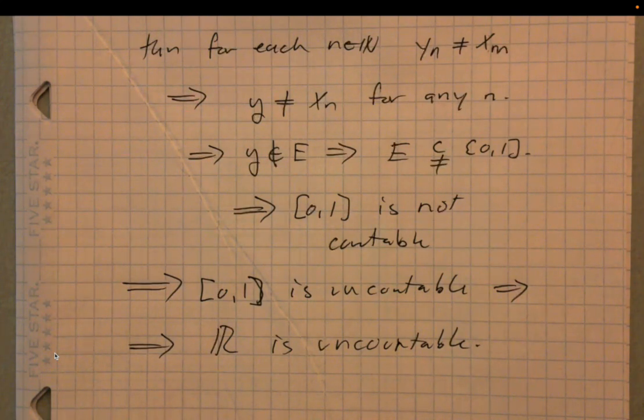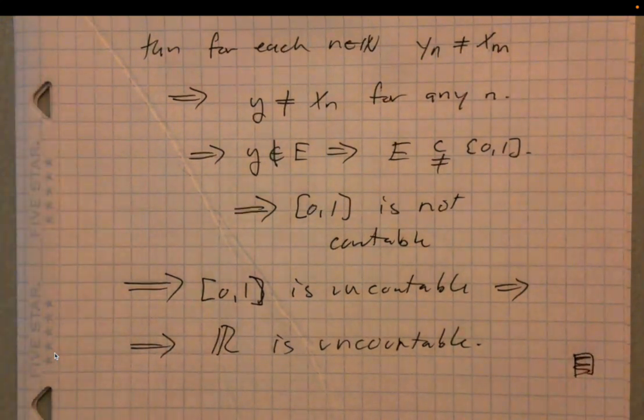Okay. So that is the famous diagonalization proof of the fact that the real numbers are uncountable. So R somehow has more elements than other infinite sets, like the rationals and the natural numbers and the integers.